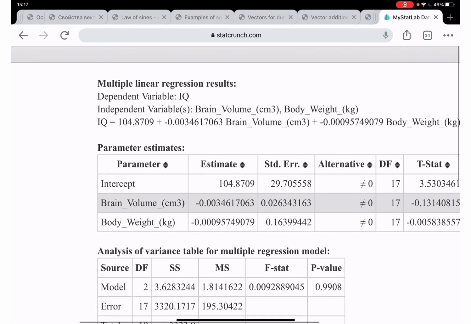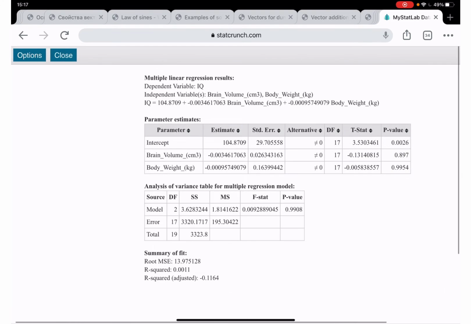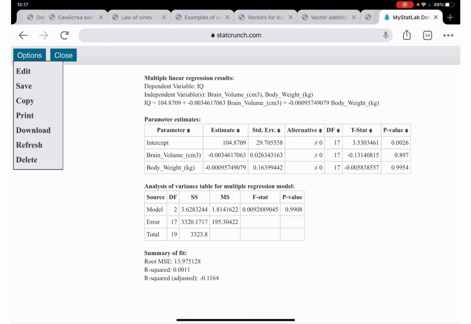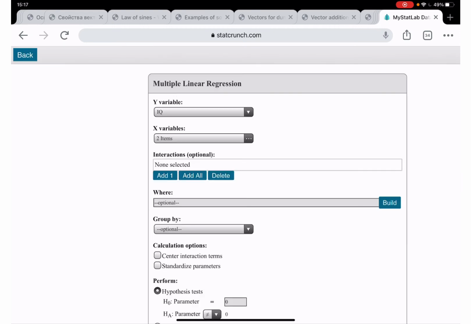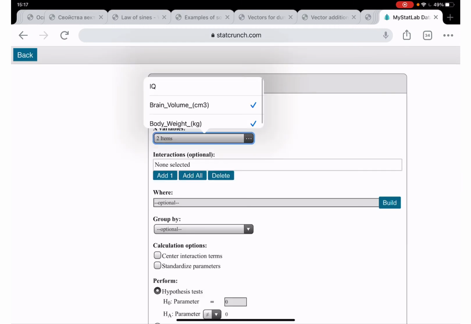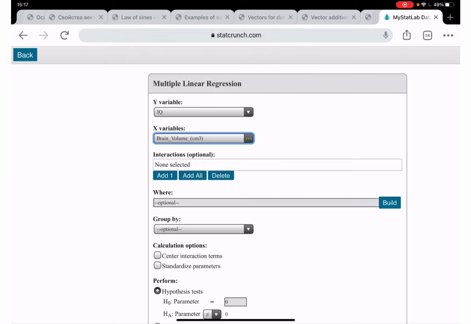So let's change it. Instead of option, I'm clicking edit, and I'm choosing only one this time. Let me choose the volume and compute.